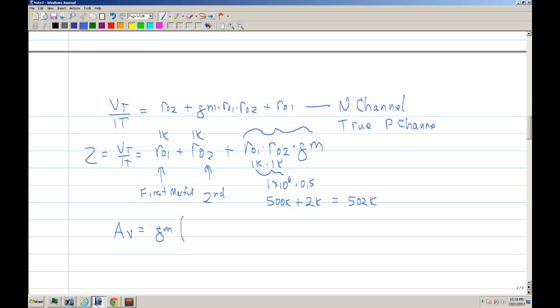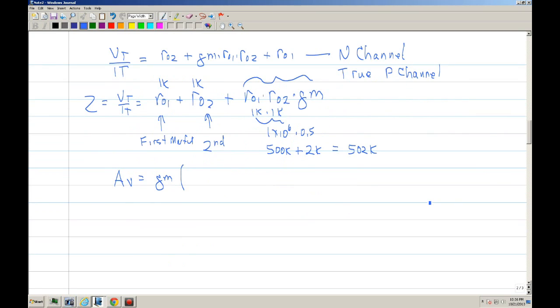Okay, so let's just see if we only treat the N channel. Okay, so we can say that the total output impedance, meaning all of this, assuming that R sub O is 1K, is 502K.